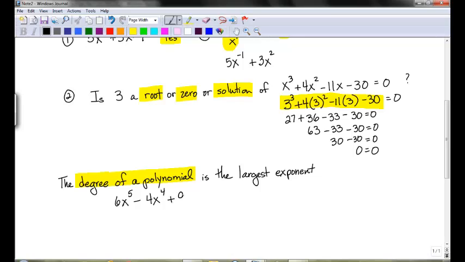Say I give you 6x to the fifth minus 4x to the fourth plus 9x squared equals 0. If they ask what is the degree of that polynomial, the degree is 5. It's the highest exponent. Okay?